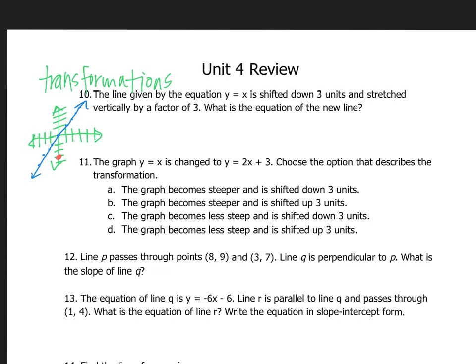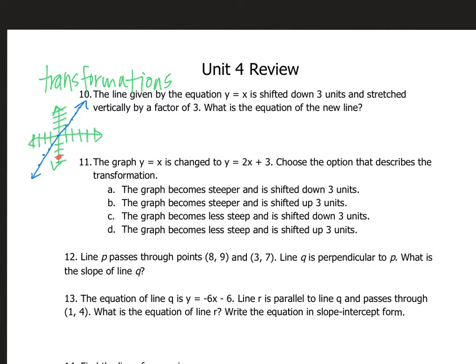And then it says it is stretched vertically by a factor of 3. So my original one had a slope of 1 because it was up 1 over 1. My points were at 1, 1, 2, 2, 3, 3, 4, 4. If this is stretched vertically, then it's going to be like steeper, okay? So that means that we need to have a steeper slope.